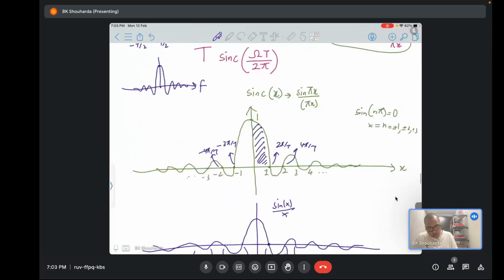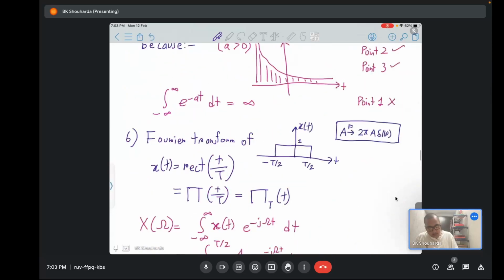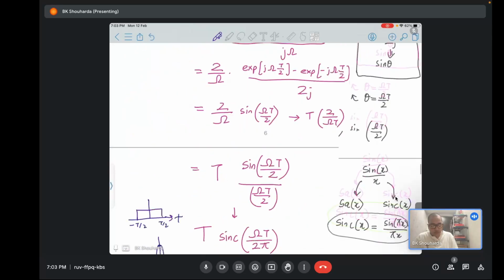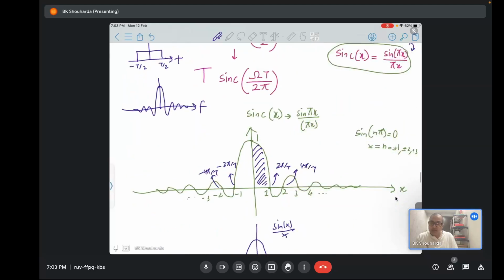Now if we look at this signal, this is a signal that exists for less than t and greater than t also. Okay, now we observe that its phase is 0, or when you have phase reversal, then it will be 180 degrees, but actually you see it's nothing beyond that.